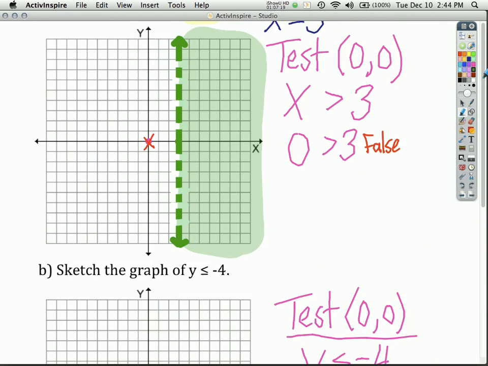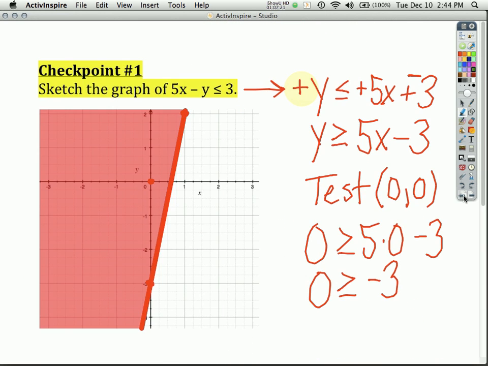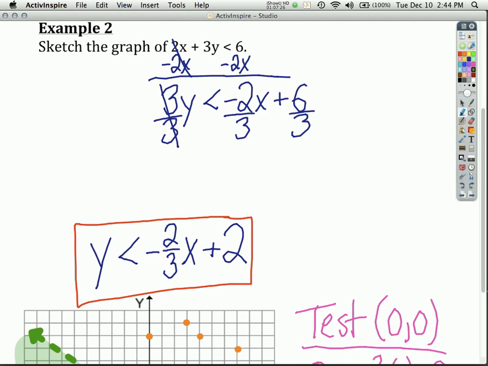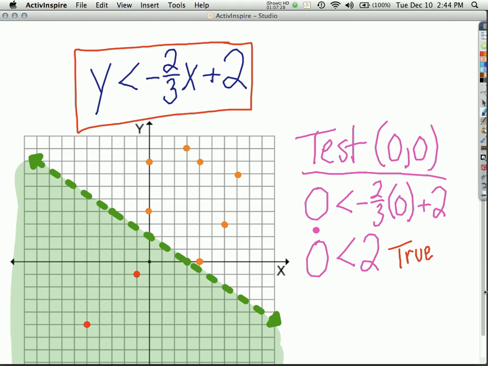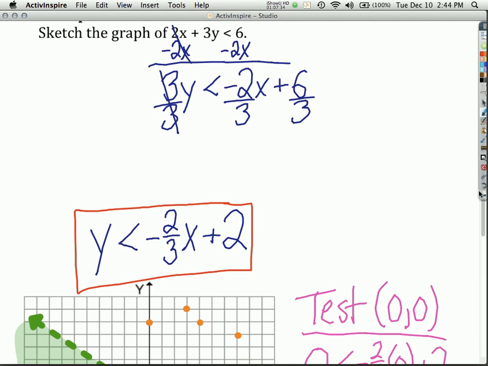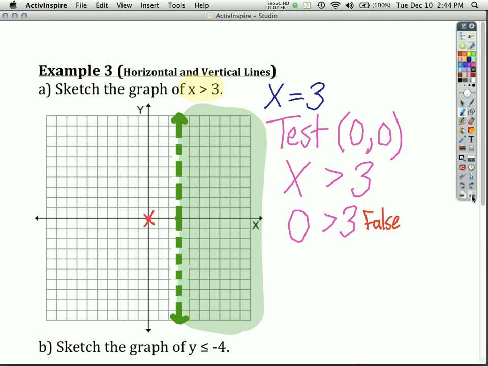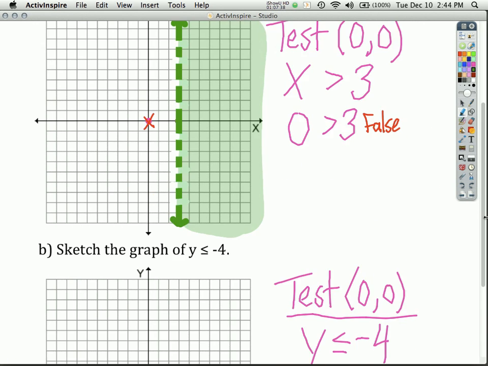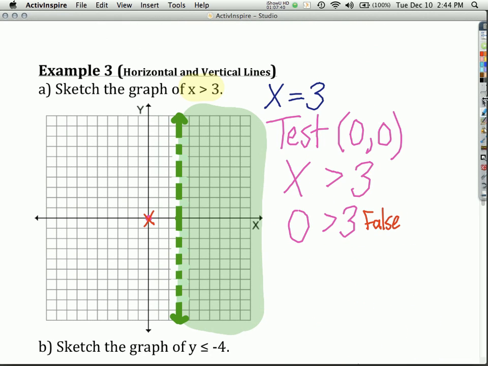But for all of these, there's a shortcut to figuring out which way to shade. It's your job, if you so desire, to figure it out. It will help you save a lot of time if you can figure out the shortcut. Now, any questions on graphing or shading these?